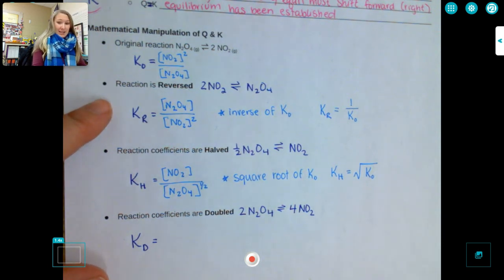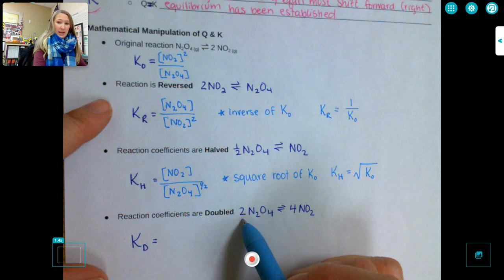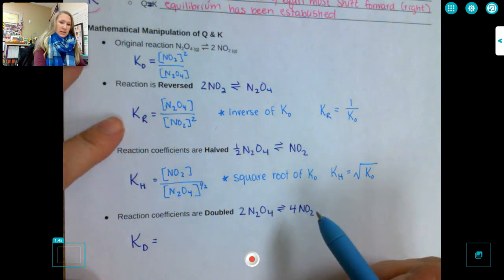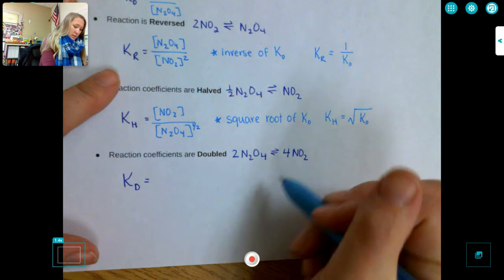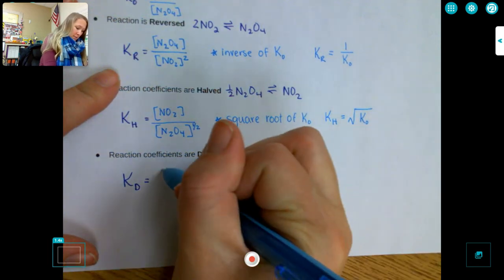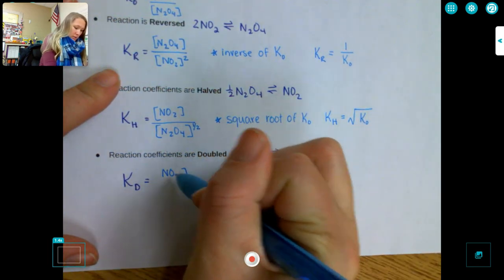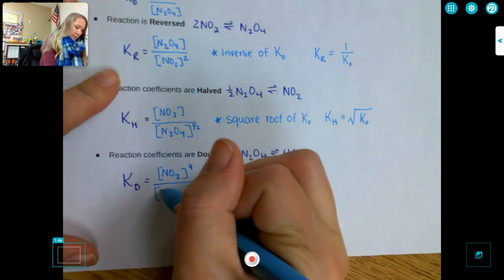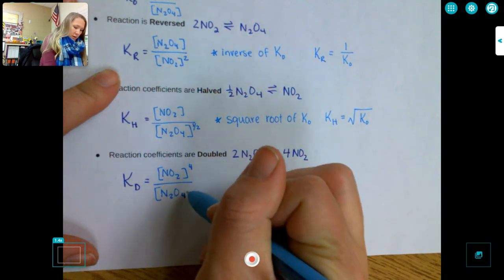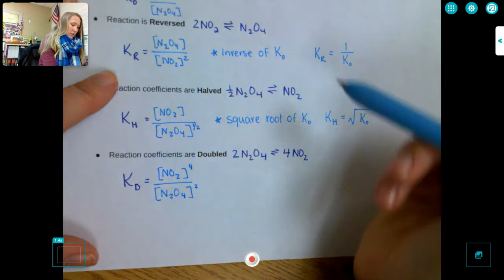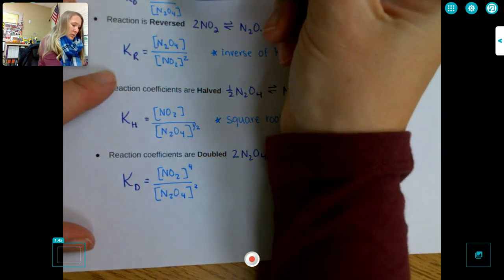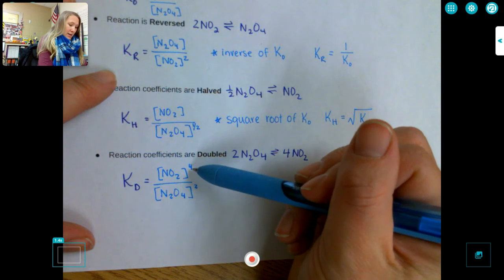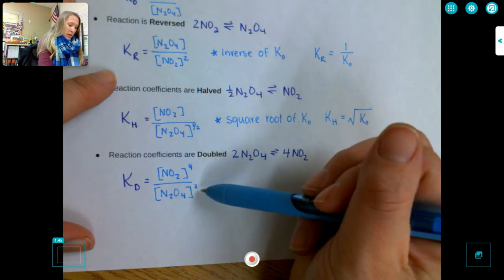So the opposite of halving it is doubling it. Opposite of square rooting something is squaring something. So let's check. If I double it, now I have NO2 to the 4th over N2O4 squared. If I look, my original exponents were 2 and 1. Now they're 4 and 2. So I have gone from a 2 to a 4 and a 1 to a 2.